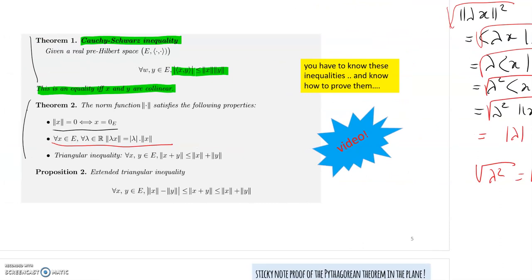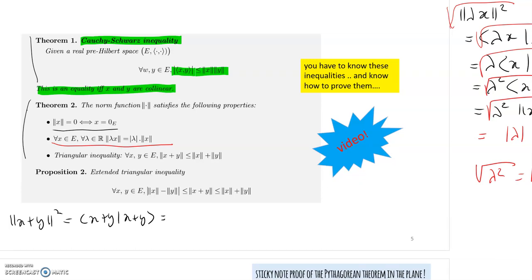The triangular inequality. Well, it's a nice one and it's an application of Cauchy-Schwarz. So let's work on x plus y. Let's work on the square of that. So that's the inner product of x plus y with x plus y.